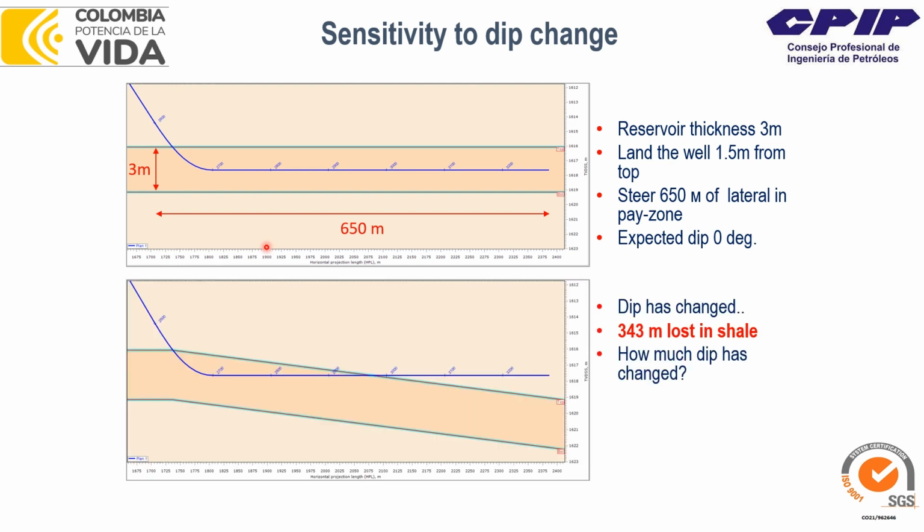And now we move into the actual case, and we see that the dip has changed by some value, right? We don't know how much, but it has changed. So now this is the task for you to calculate. Considering the dip has changed and we lost exactly 343 meters, this part here, we lost 343 meters out of 650. So now it is the task for you to calculate.